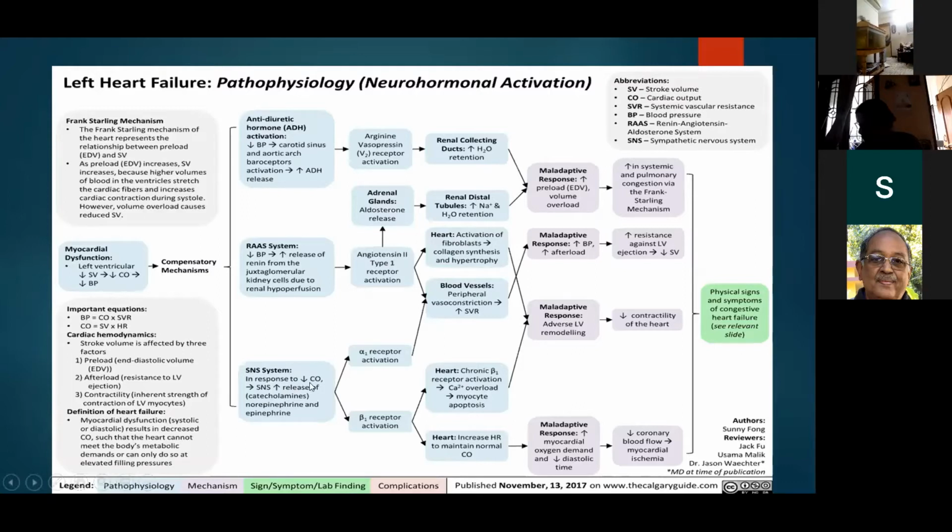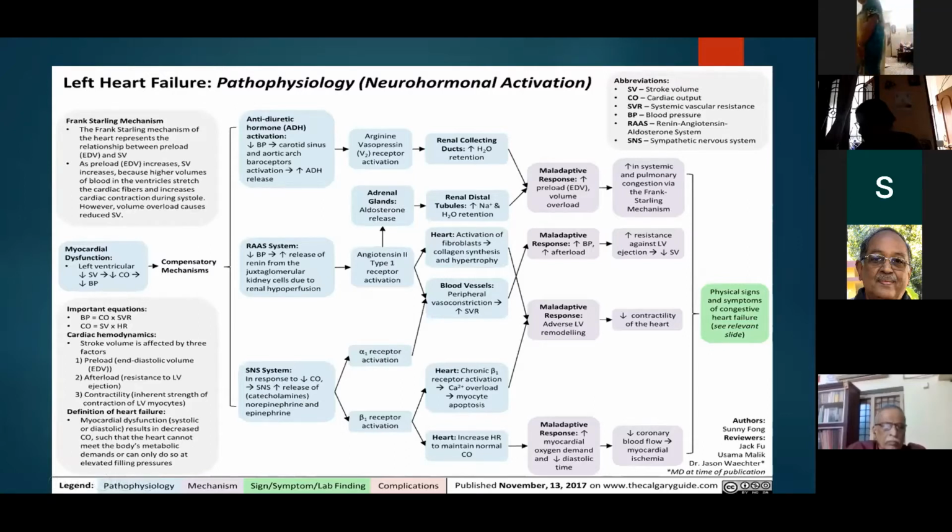So in response to the reduced cardiac output, the sympathetic nervous system increases release of catecholamines, as you would know, norepinephrine and epinephrine, which act through alpha receptor activation and beta 1 receptor activation. So alpha 1 is basically found in blood vessels of different organs, not in the muscular blood vessels, because we want muscles to receive blood when there is cardiac contraction.